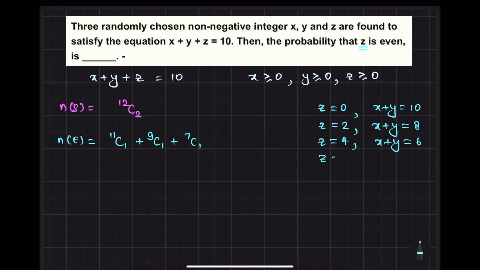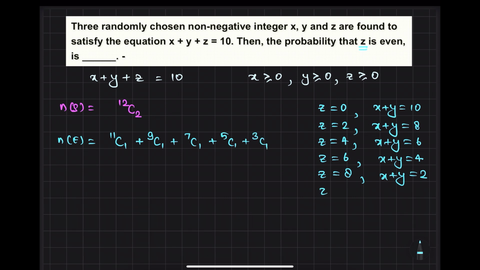Now z is 6. So x plus y would become 4. Now you will ask for sticks. How many? 1. So 5C1. Then suppose z is 8. So x plus y would end up being 2. So you will ask for 3C1.